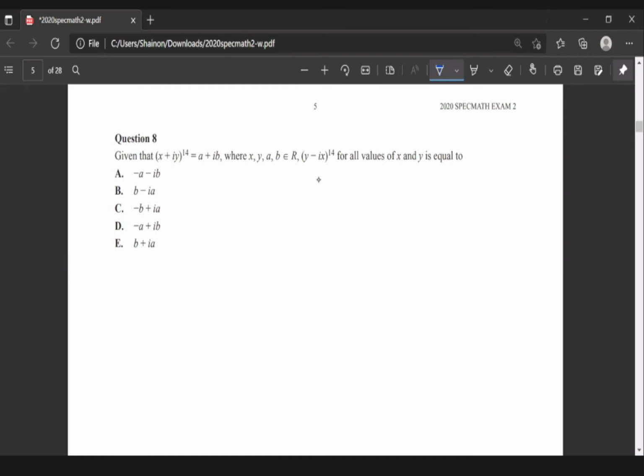Given that x plus iy to the power 14, find all values of x.